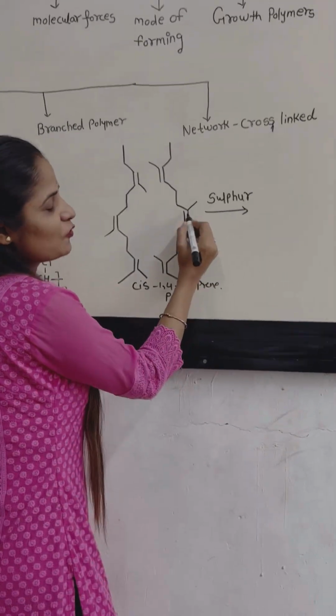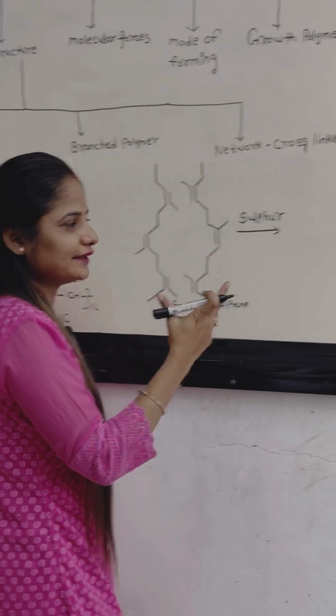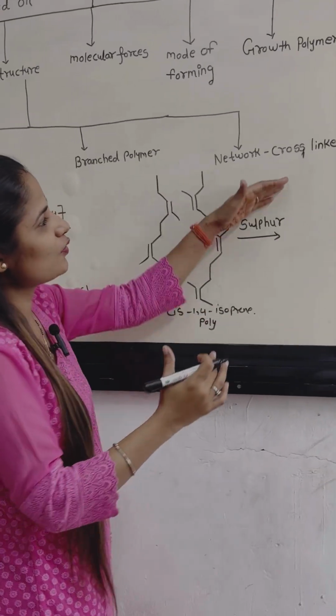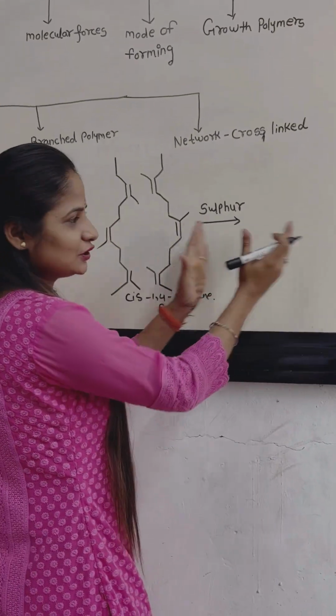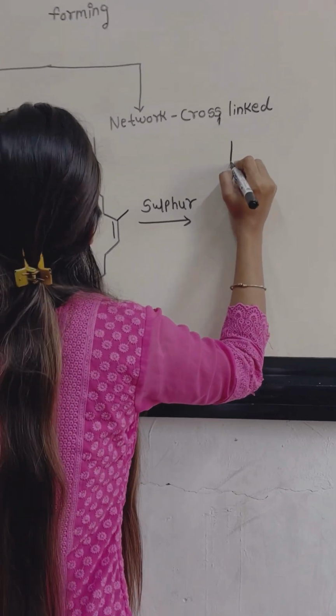Here it is forming the disulfide bond. Similarly here also forms the disulfide bond. And this structure is continuous and forms the cross-link network. First we have to draw the parent structure as it is. Then we have to show the bonding.